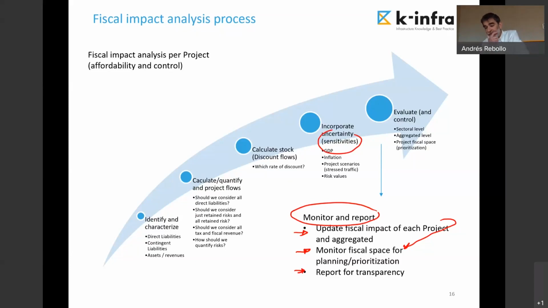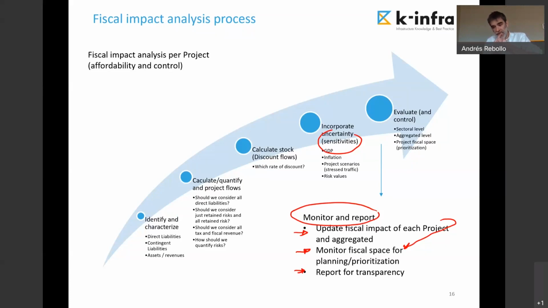Because in fact I do believe that in the initial assessment, the base case for fiscal impact, the base projections for the assessment, when we are valuing risks, when we are quantifying risks, the value that I should consider, I really believe, should be the most likely value. Okay, the most likely value, which is the median.